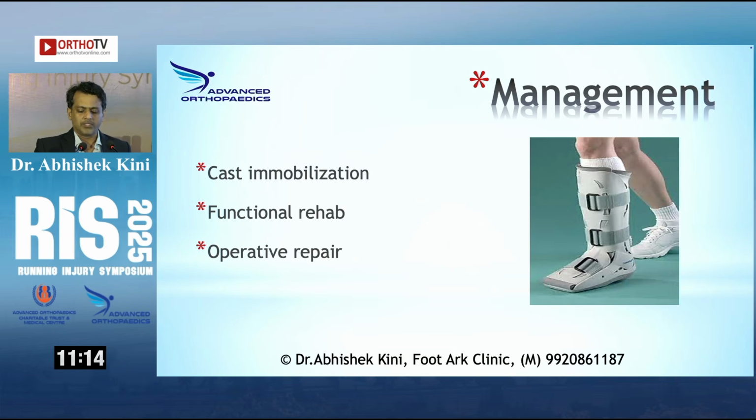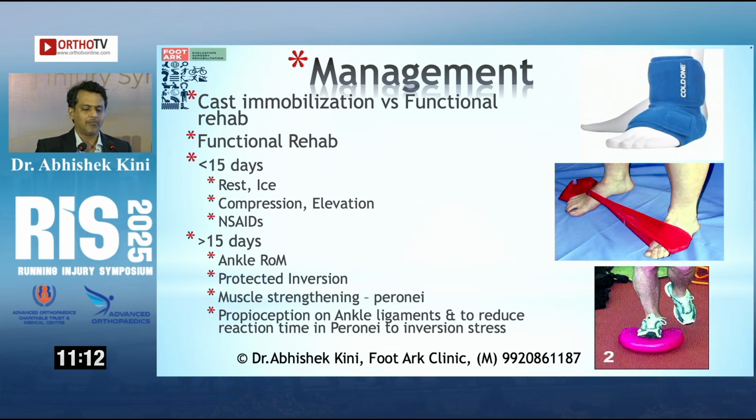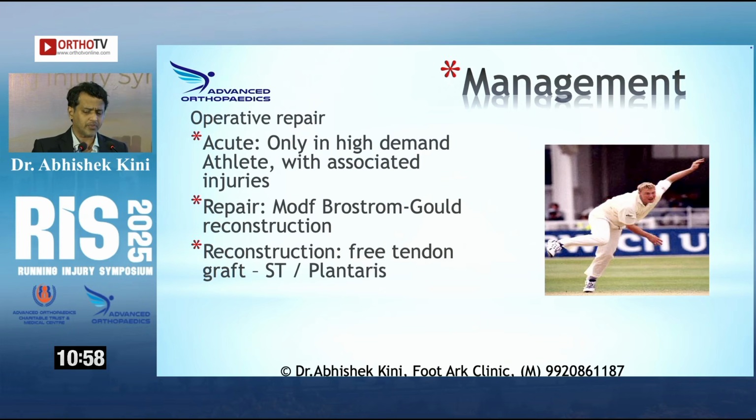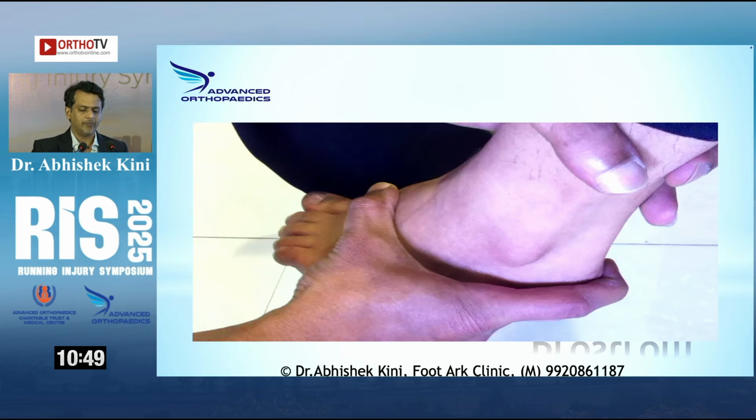Most of the rehab has now gone towards functional rehab, and it's moved away from immobilization to protected mobilization. All those RICE, ice, compression, elevation, followed by early range of motion, protected inversion, and balance and proprioceptive training. In a few cases, we might go for acute or operative repair. The most commonly done is the modified Brostrom Gould repair.